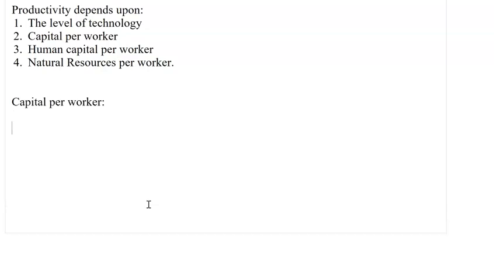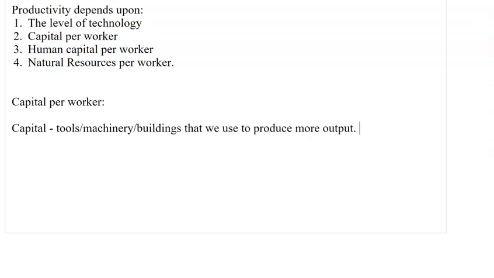Capital, as we said, is the tools, machinery, or buildings that we use to produce more output. It can be tools like a hammer, or farm tools like a spade and other tools.